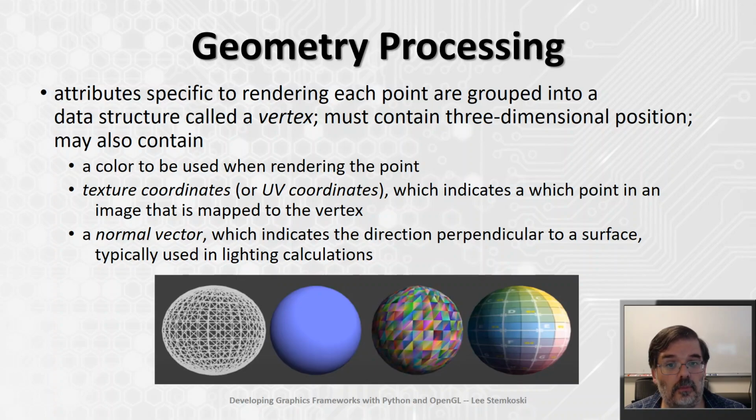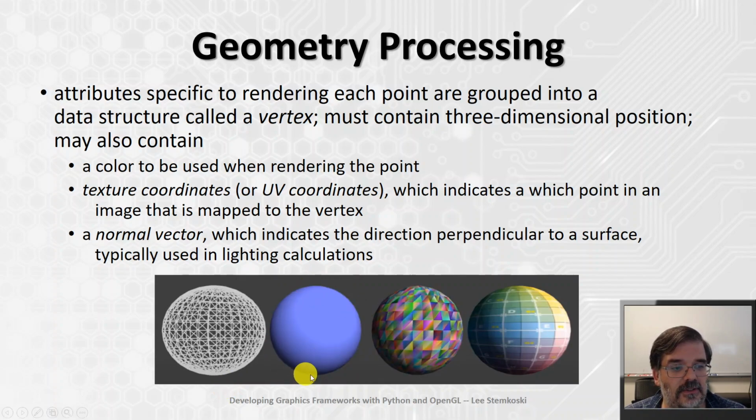Also, there are normal vector attributes, which specify the direction perpendicular to a surface, and that's used a lot in lighting calculations. And here in this diagram, we have 4 different spheres, each of which is rendered using different sets of attributes. On the left, we have a wireframe mesh for a sphere, which only requires positions.